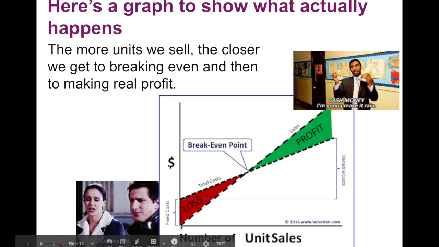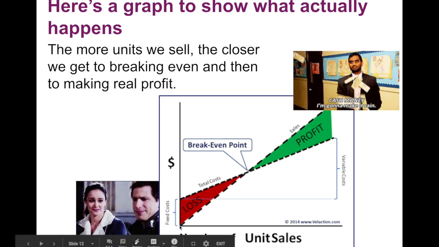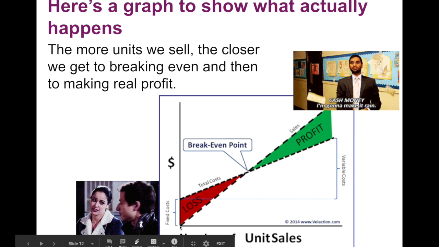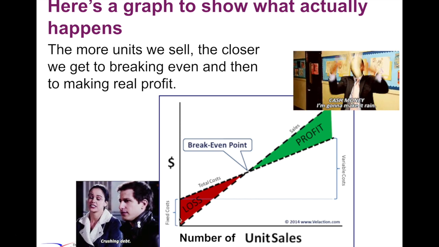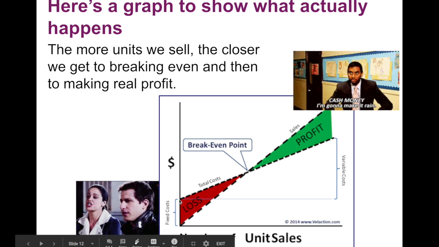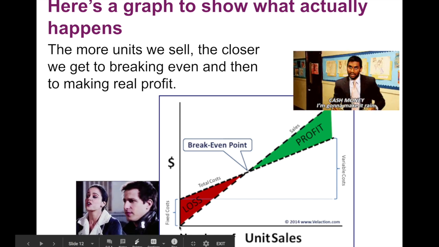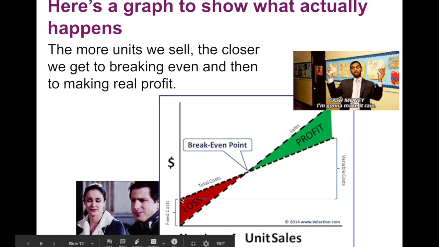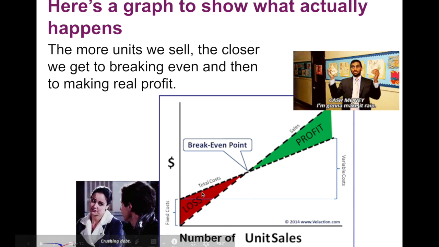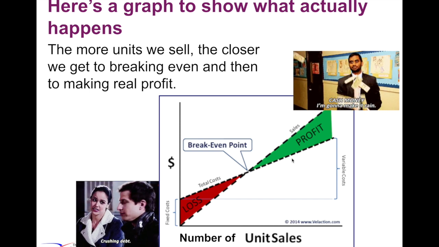Our rent is still due, we still have to pay for that gigantic oven, we still have to pay our employees' salaries, we have to pay for all our fixed costs before we sell one thing. So immediately, right off the bat, we've got all this fixed cost to deal with. And then the more stuff we sell, the higher our costs get.